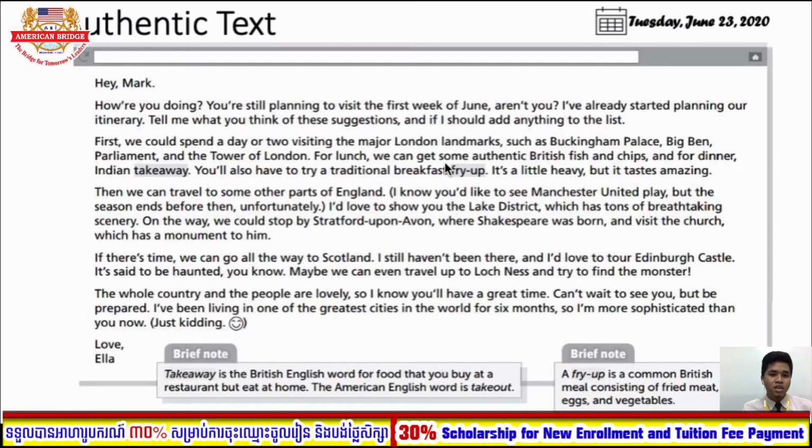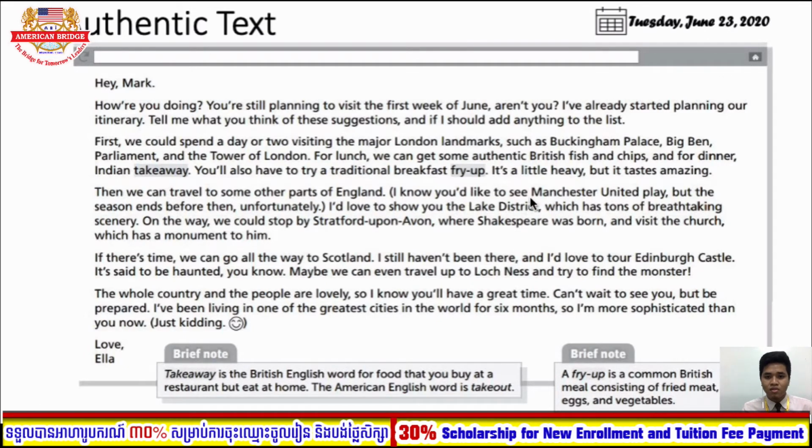For lunch, we can get some authentic British fish and chips, and for dinner, Indian takeaway. You will also have to try a traditional breakfast fry up. It's a little heavy, but it tastes amazing. Then we can travel to some other part of England.